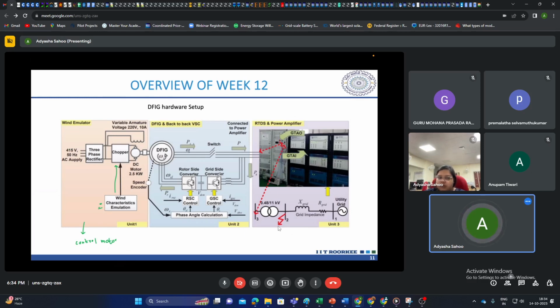Symmetrical faults are balanced faults, right? So we don't have a negative sequence component of current here. We only have the positive sequence currents. But in an unsymmetrical fault, it will lead to the presence of both positive and negative sequence components.